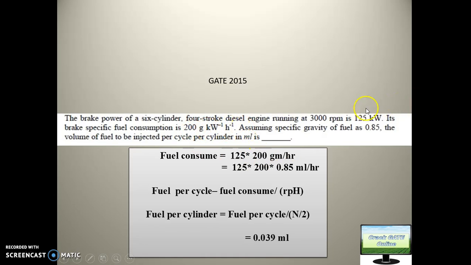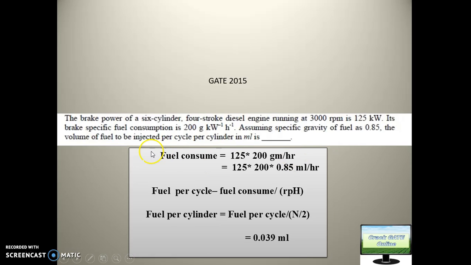So 125 into 200, that is SFC into power, you will get the amount of fuel consumed per hour. So 125 into 200 gram per hour of fuel is being consumed in the engine.